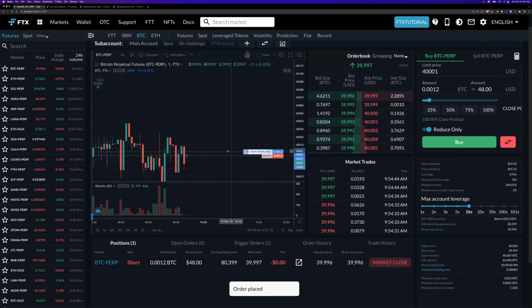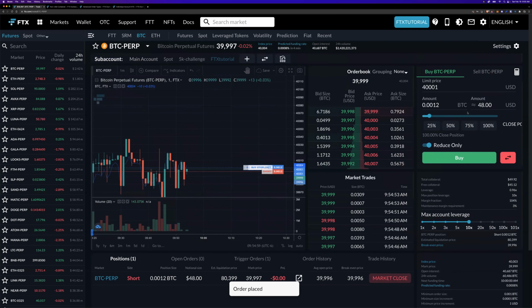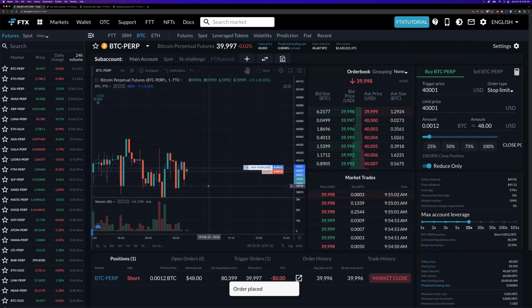You've basically placed a condition on the market saying, I don't care what happens with the market, only get me out at $40,001. So unless the price fills you at 40,001, it won't execute your order. You have to be very cautious with this, because if markets are very volatile and you're very specific with your order prices, you may not be able to get out in time.